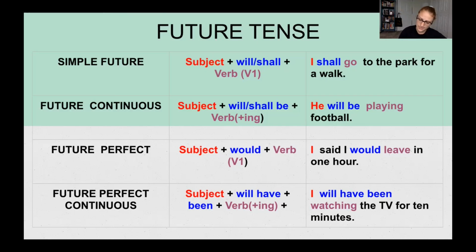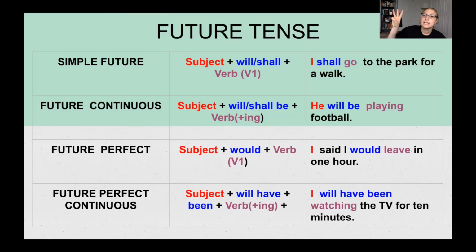All right, to continue, because we're on future continuous. So we have our subject, will, shall, and be all together. So we have two helping verbs coming together. And then we have the same thing with our verb plus ing ending.